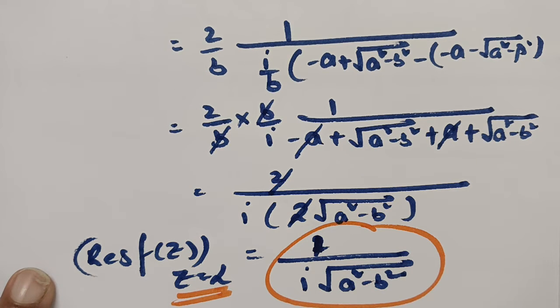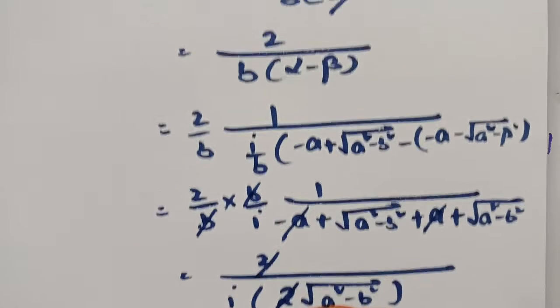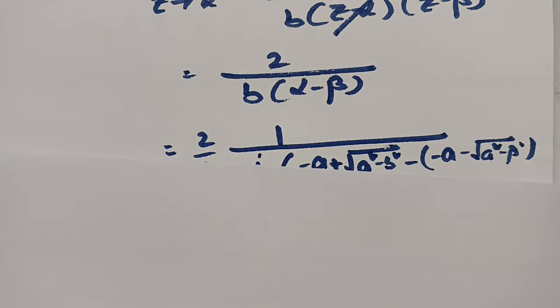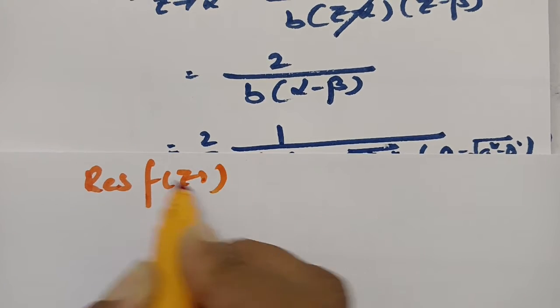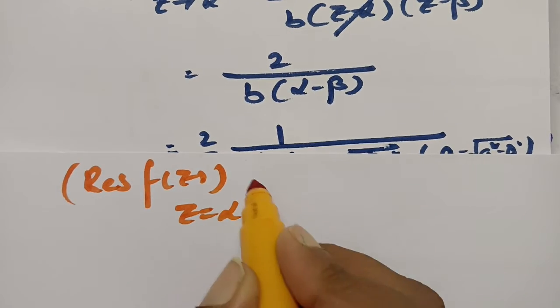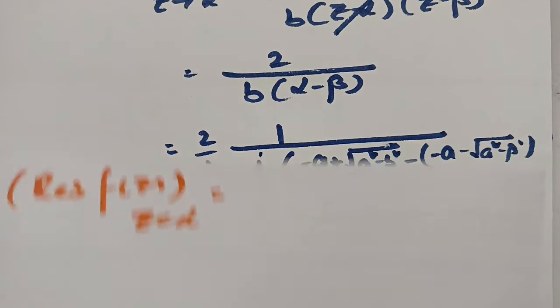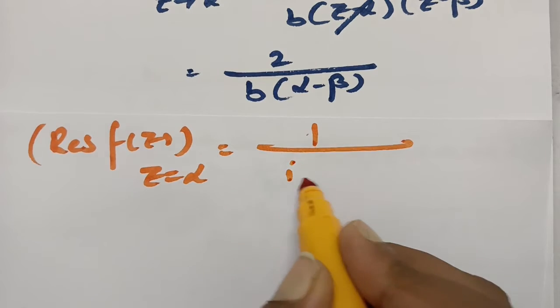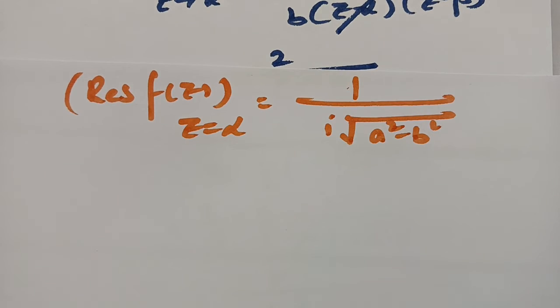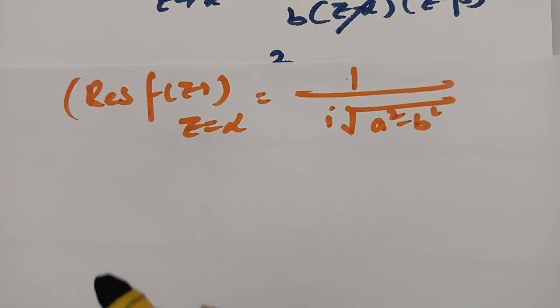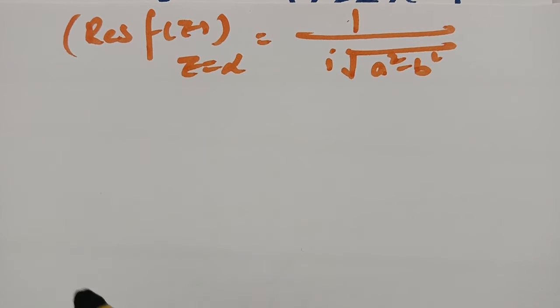Now we have to apply the residue theorem. After applying the residue theorem, according to our problem, we got the residue value of f of z at the interior pole z is equal to alpha is nothing but 1 by i times root over a square minus b square. Now which thing we have to apply? The residue theorem.